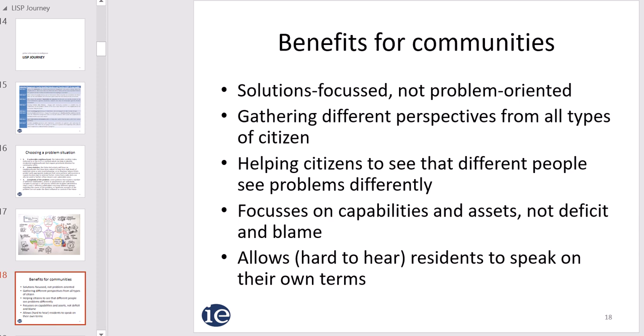We're focusing on capabilities and assets, thinking about the positive, with appreciative inquiry as one example here, rather than deficit and blame. We will still have to find the problems and still be realistic about the problems, but we focus on enhancing the assets.